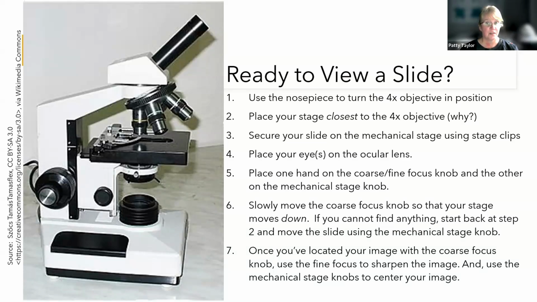If you start to see something come into focus, you can use your fine focus knob to help sharpen that image. Or if you're not getting anything, you can use the mechanical stage knobs to move your image left, right, forward, or backward. So it takes practice doing this, and the more you use your microscope, the better you'll be at locating and focusing on your image.